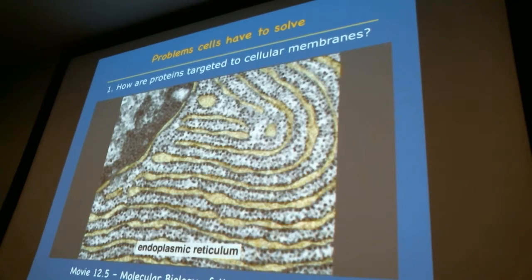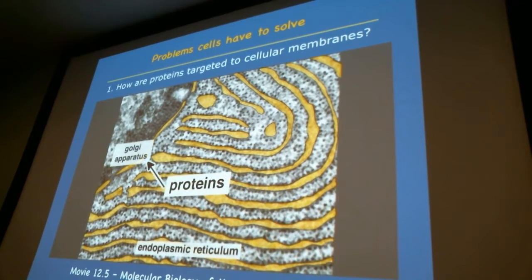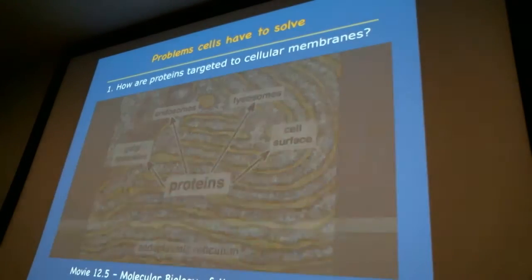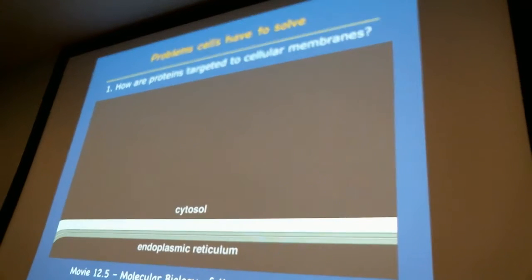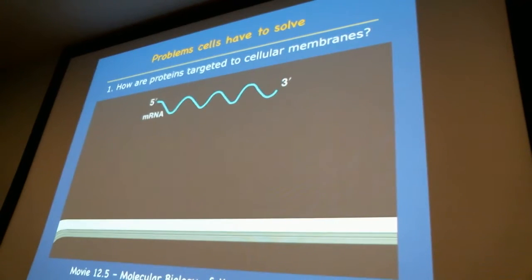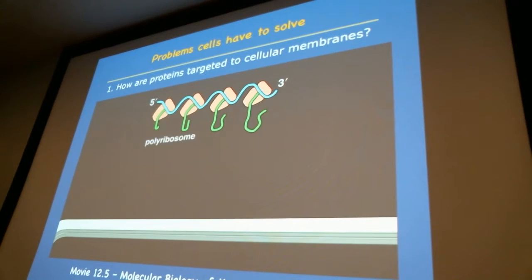The endoplasmic reticulum, or ER, is the most extensive membrane system in eukaryotic cells. Proteins transported to the Golgi apparatus, endosomes, lysosomes, and the cell surface all must first enter the ER from the cytosol. As an mRNA molecule is translated into a protein, many ribosomes bind to it, forming a polyribosome.